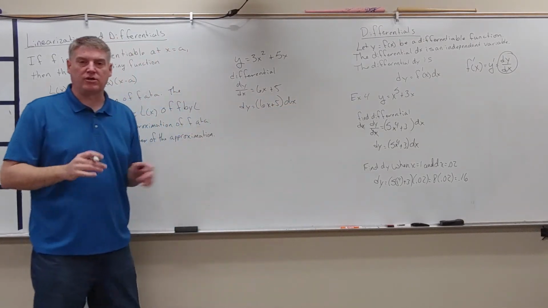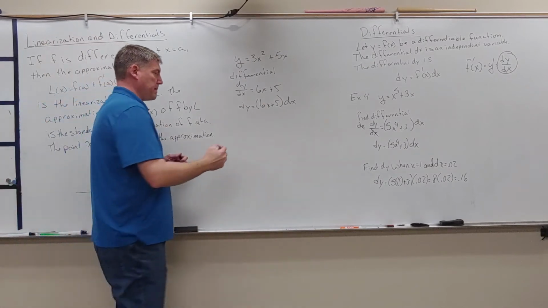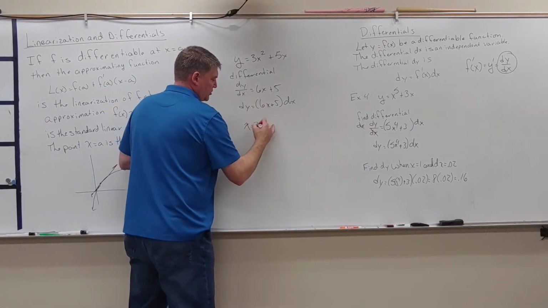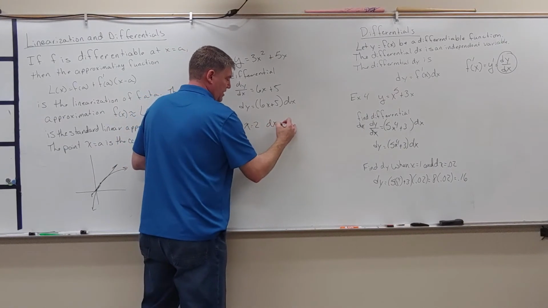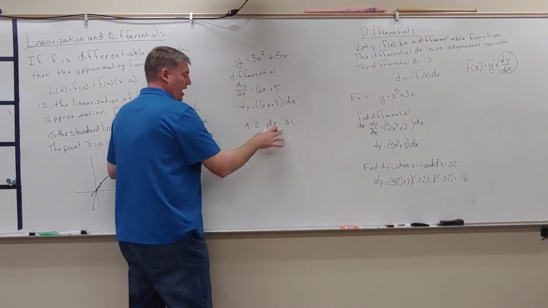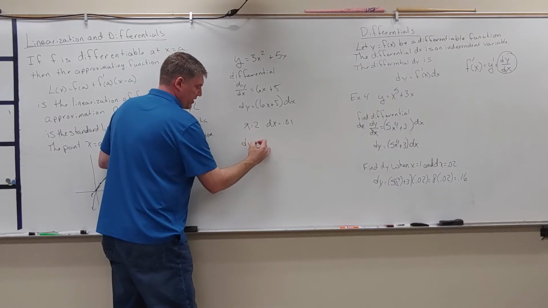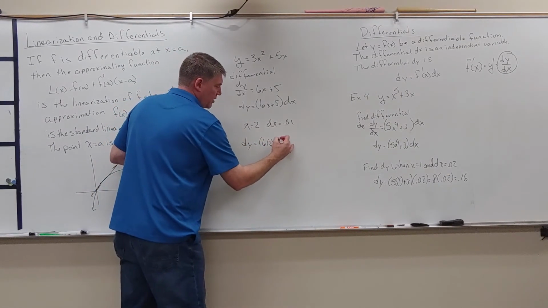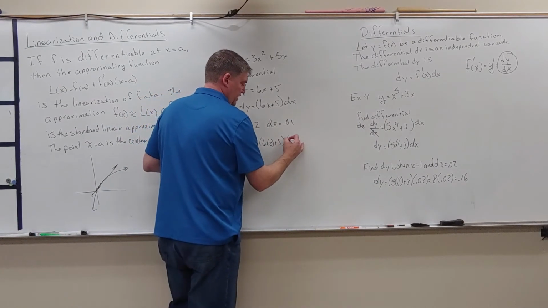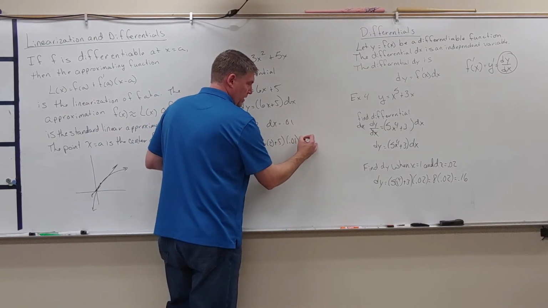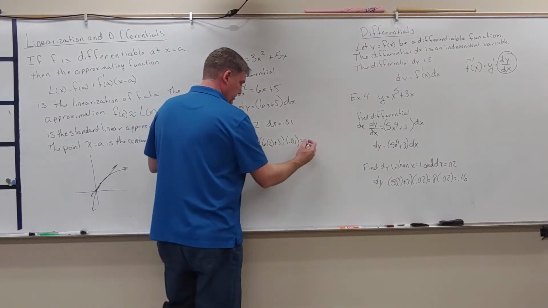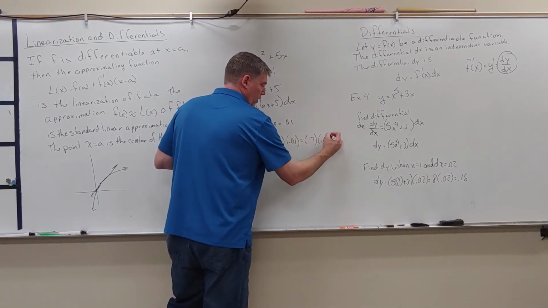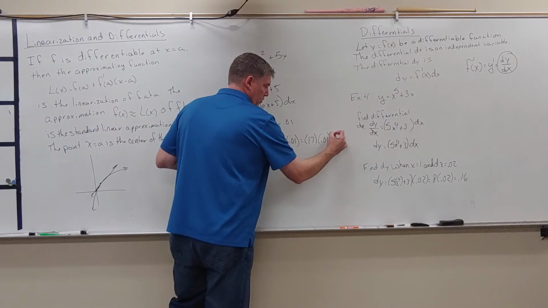There's my differential. Okay? Now if I know x equals 2 and dx equals 0.01, I can plug this in. So my differential dy is going to be (6 times 2 plus 5) times 0.01, which is 12 plus 5, gives us 17 times 0.01, which is 0.17.